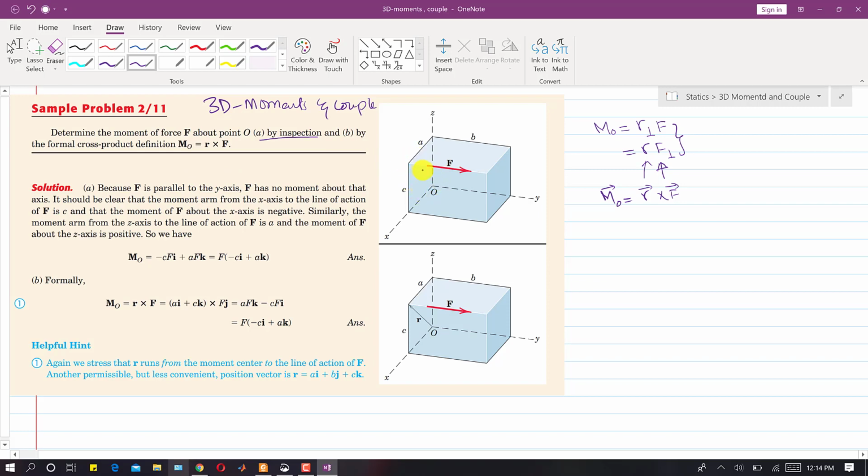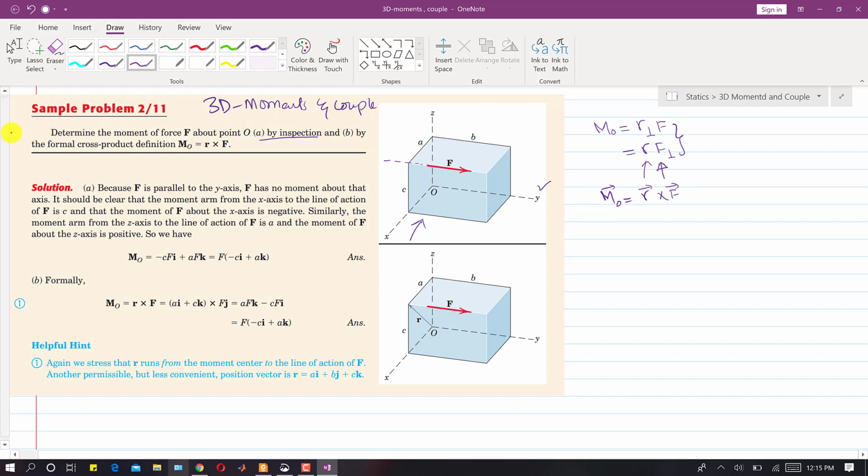So how to inspect this? If we look at this 3D figure from this side and extend this force, we can see that this force is parallel to the y-axis. From our inspection we can say that this F will never produce any moment about the y-axis. It is only capable of producing moment about the x-axis, as this force has some perpendicular distance from x.